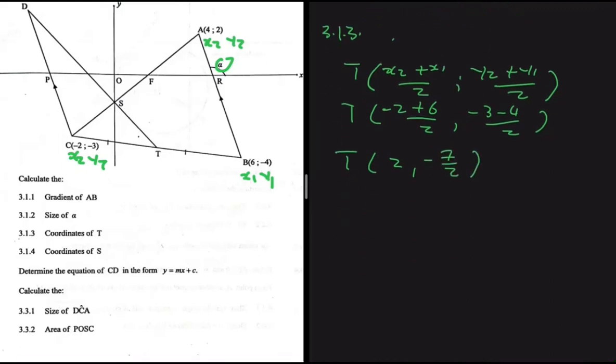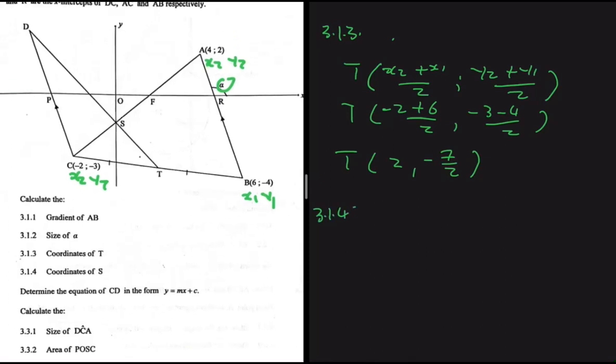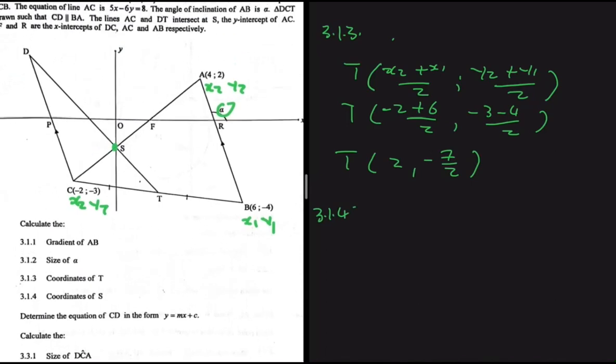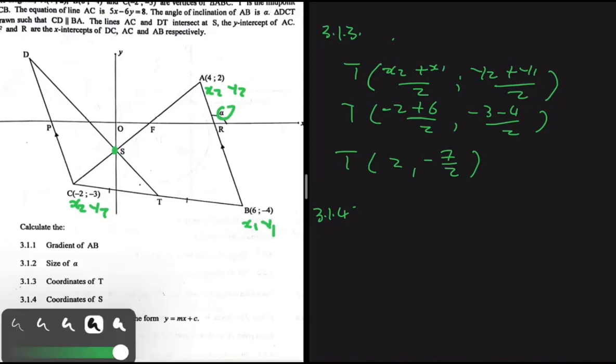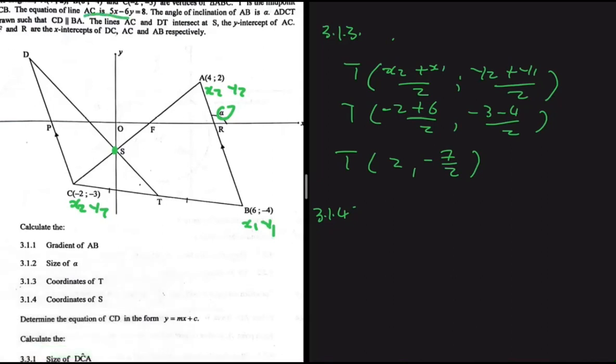And let's use 3.1.4. So 3.1.4 here is saying that let's determine the coordinates of S. Lucky we are given the equation of line AC, right? It's given to us here. We're given the equation for line AC.